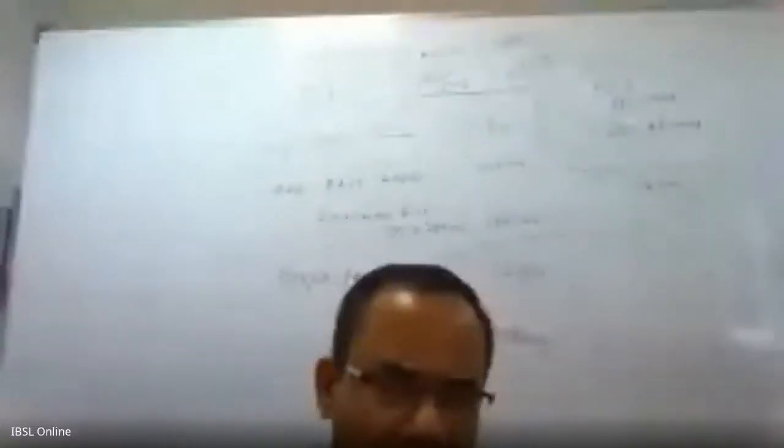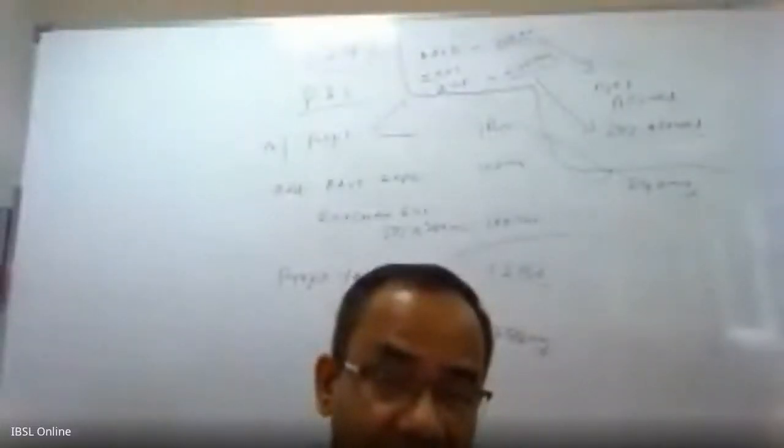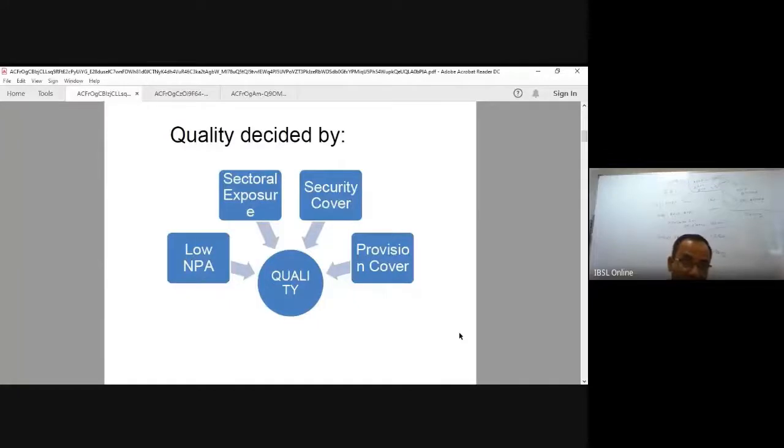Then the provision cover. This is a very popular parameter for investors, the foreign investors who are looking at investing in your bank. They will look at what the provision cover is. So their NPA is, say, 10 billion, and their provision cover is 6 billion. It gives comfort to them. Say 60% of the portfolio has provision cover.